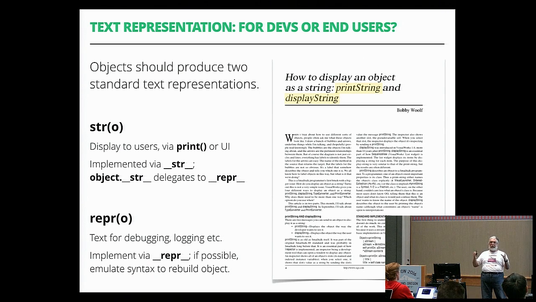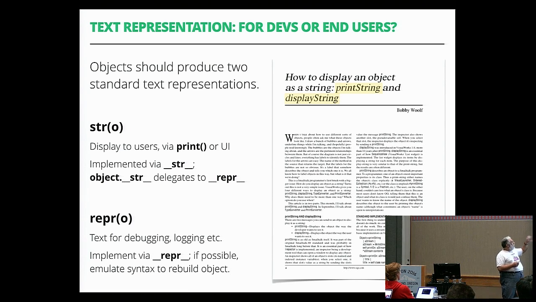So the string representation of the object should be something that you can copy and paste in the console to recreate that object. Does that make sense? Sometimes that's not the best option, or is not even possible, because, for instance, the object depends on external resources or things like that. But when feasible, it's a good idea.